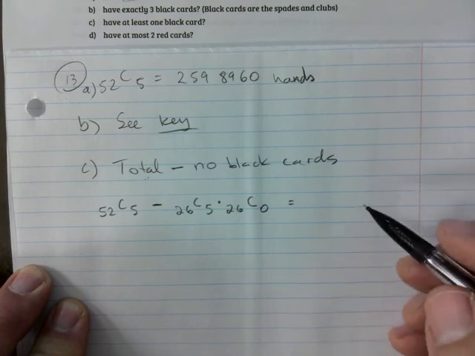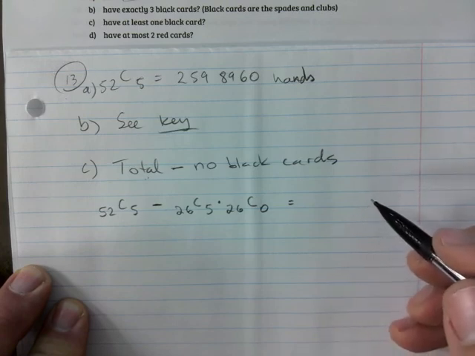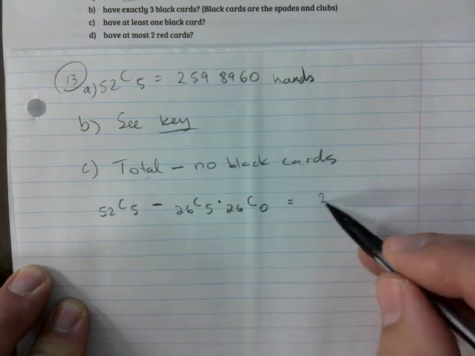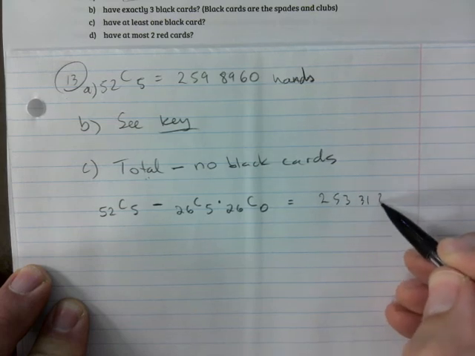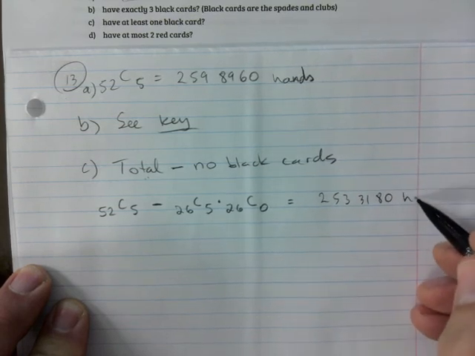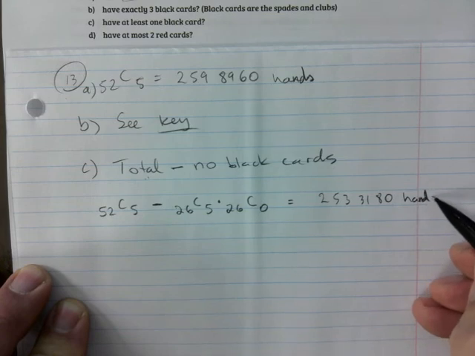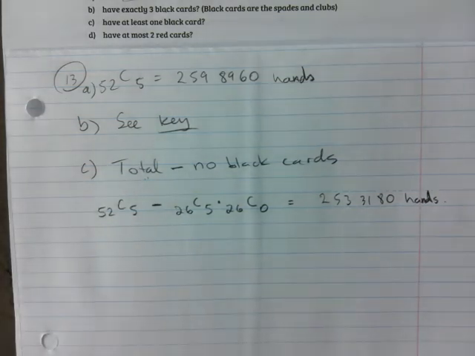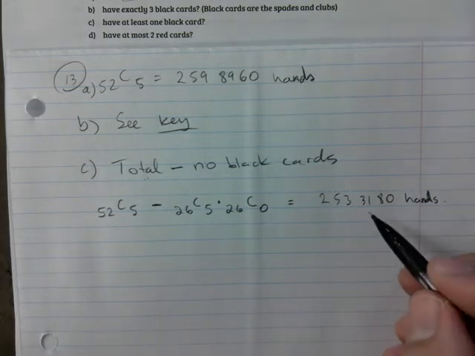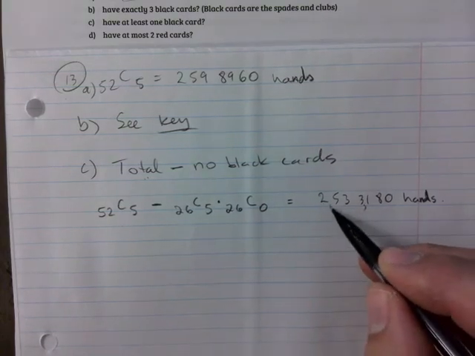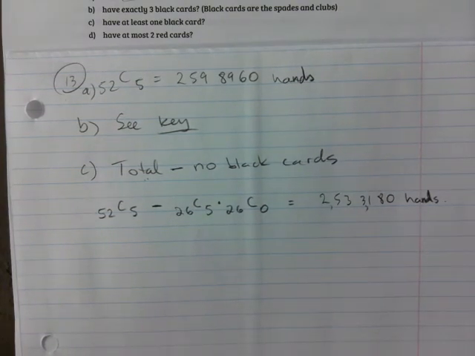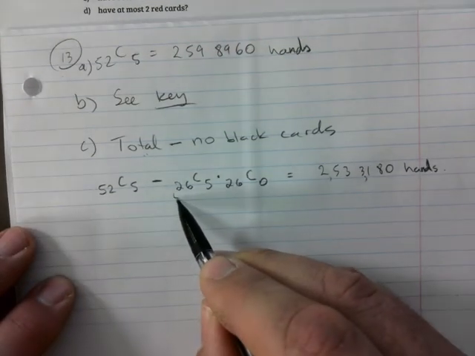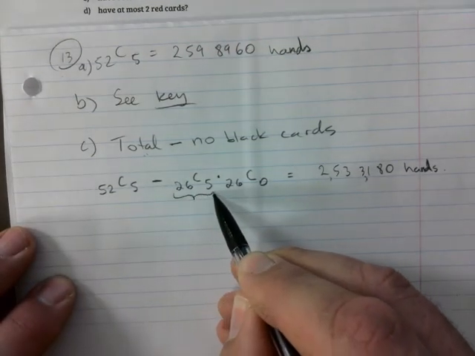I'm just going to give you the answer. 2,533,180. And I can read numbers, guys. It's just I need glasses, I think, because I can't see the commas. So that's 2,533,000 and then some hands.